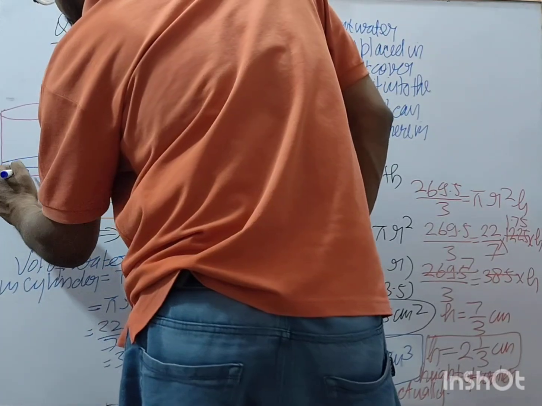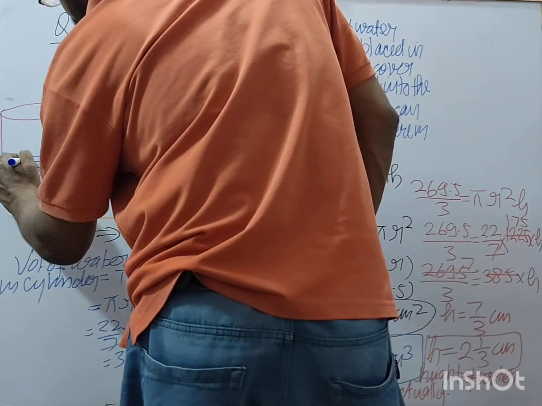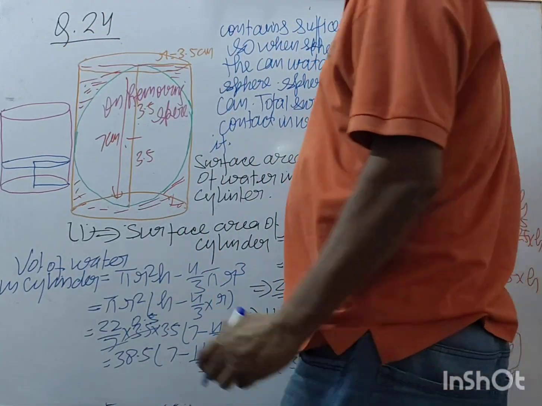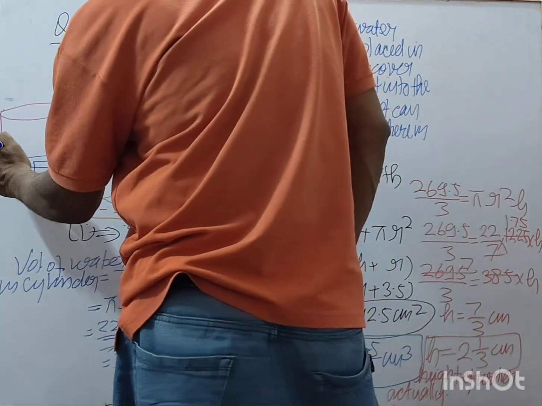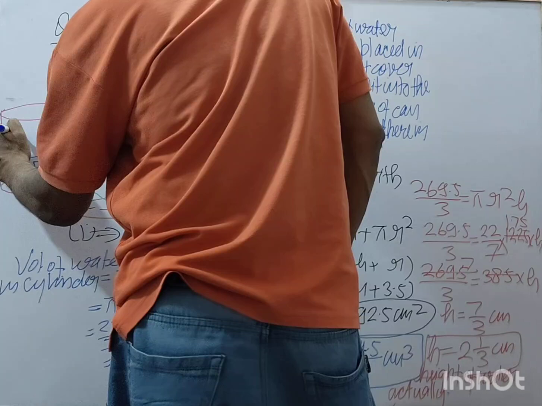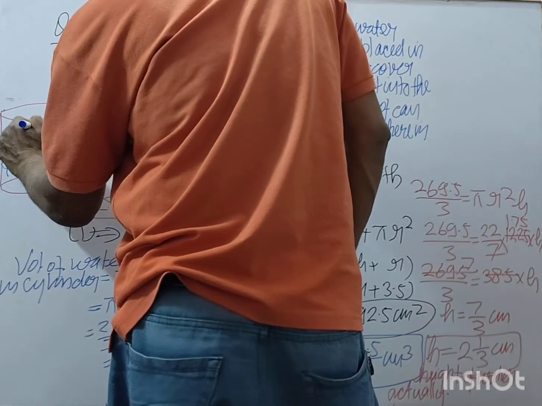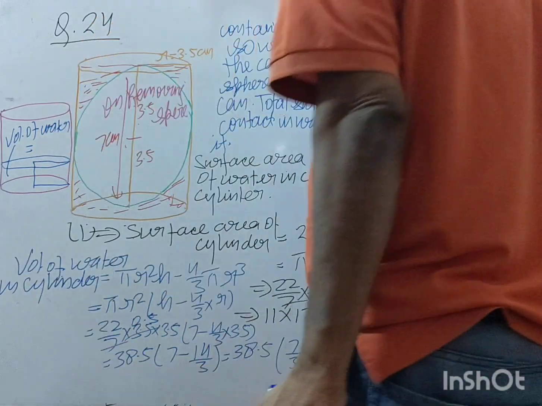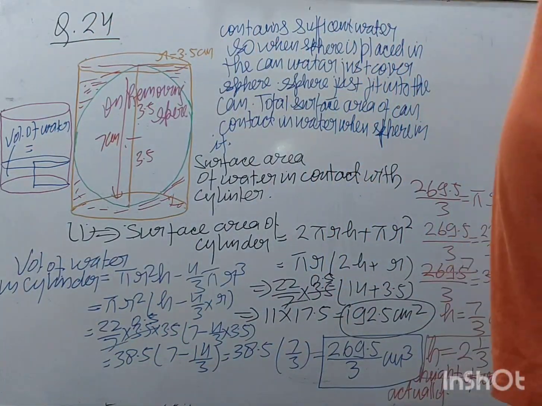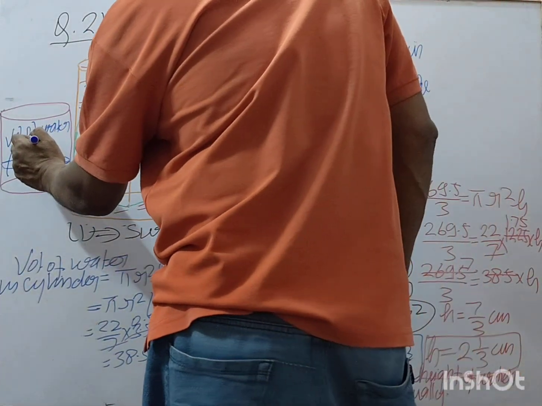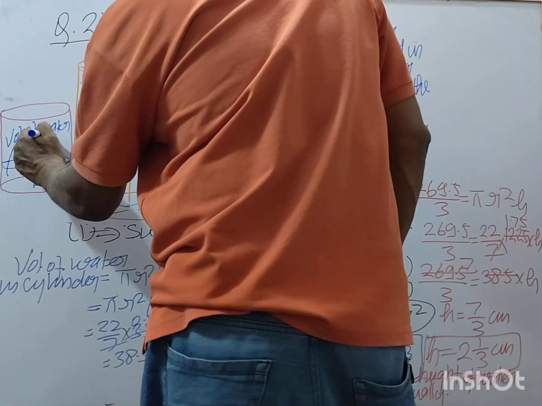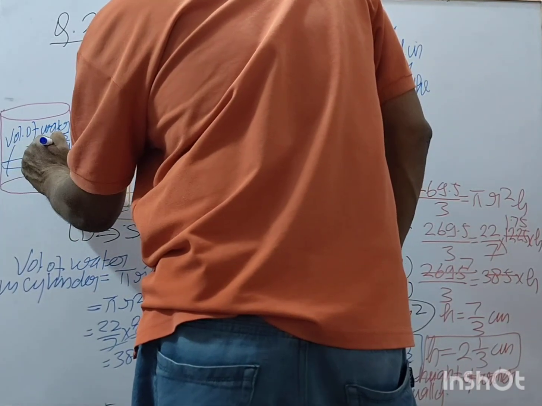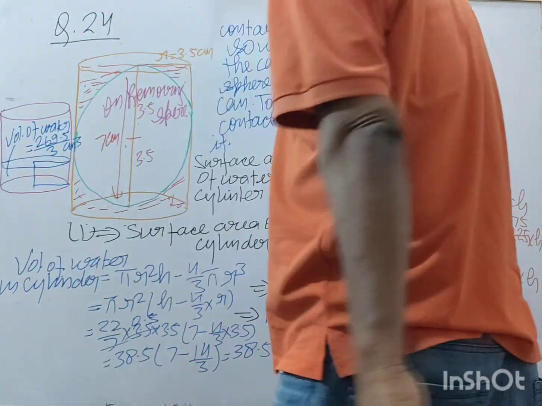The volume of water is 269.5 by 3 centimeter cube, right?